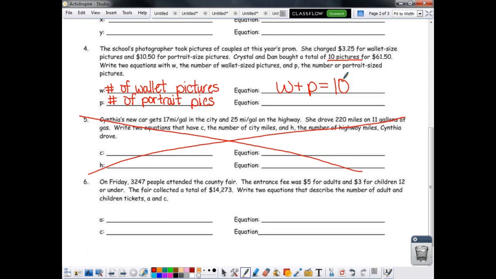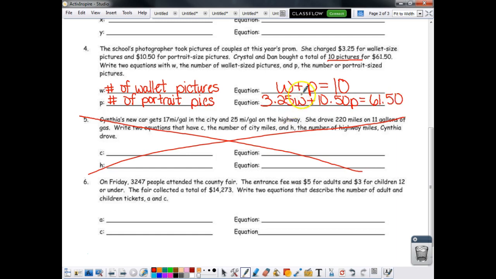And then, what should the next one be, Raul? 3.25W plus $10.50P equals $61.50. Good.